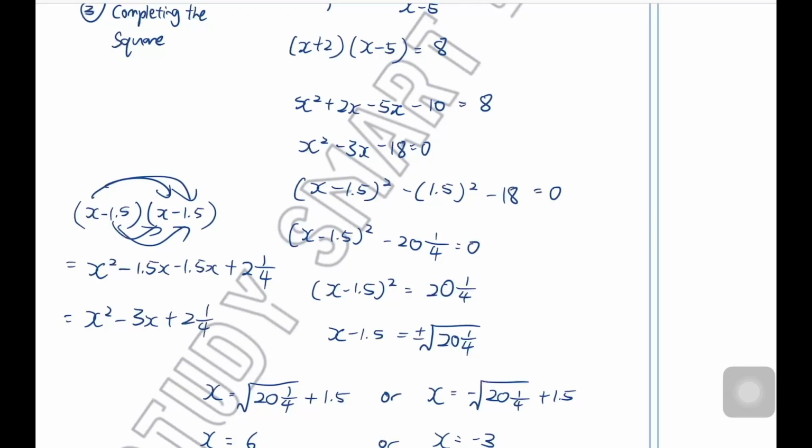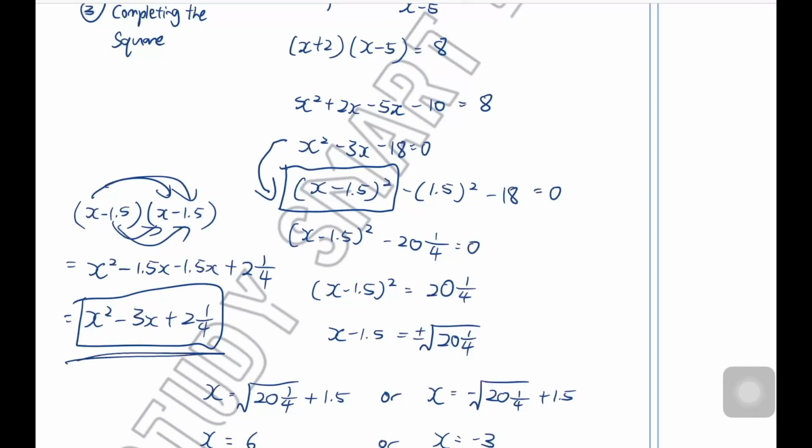So this means that this bracket square form, expressed as the bracket x minus 1.5 whole thing squared, has changed my quadratic equation to x squared minus 3x plus 2 and 1 quarter.